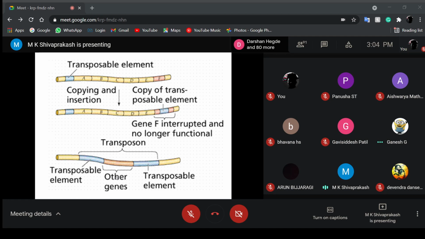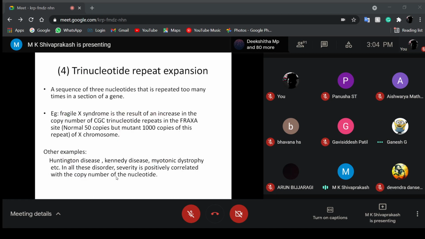Only a small portion of the gene is left, which remains non-functional.